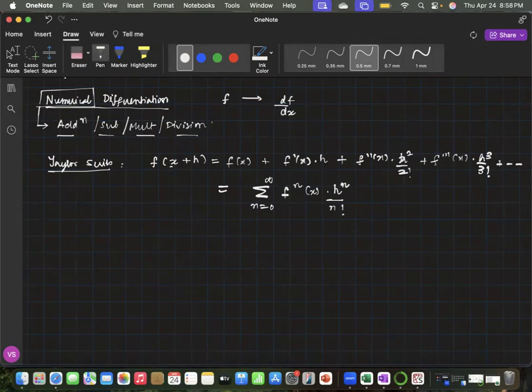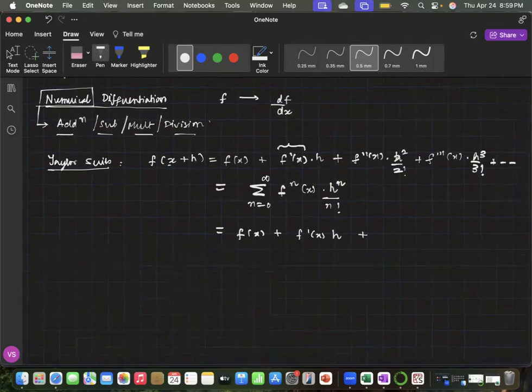That's the Taylor series expansion, right? So over here, you see that we have got the first derivative, right? So if we just simplify this and write it as f(x) plus f'(x) h plus all the other terms of order h squared, right?